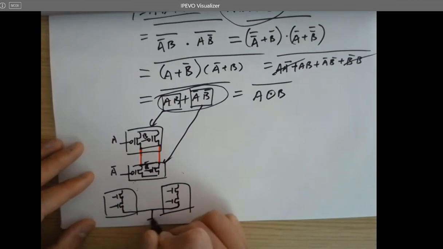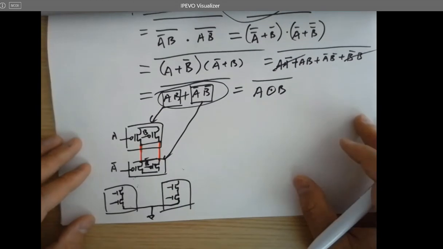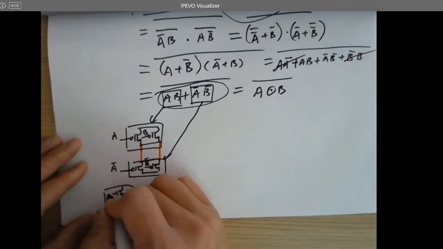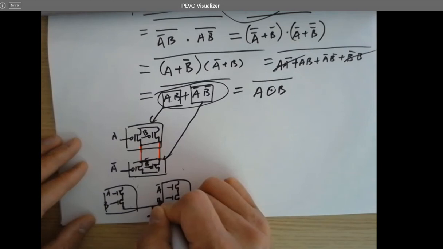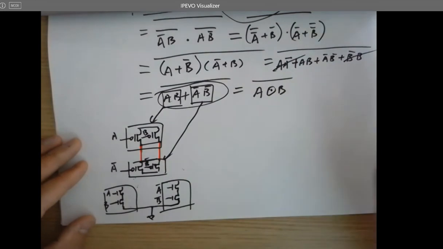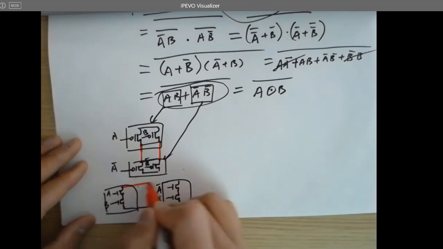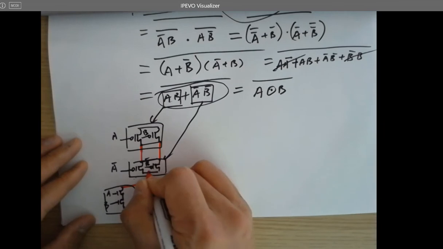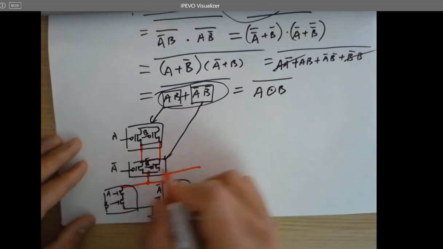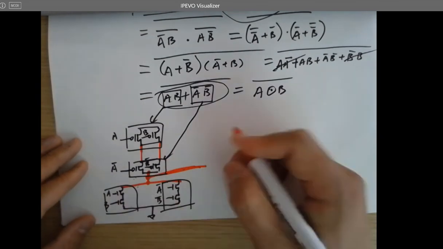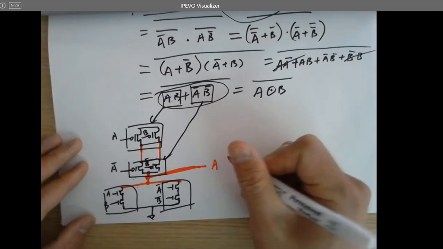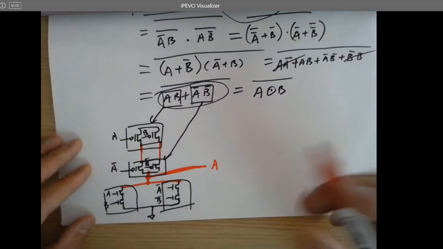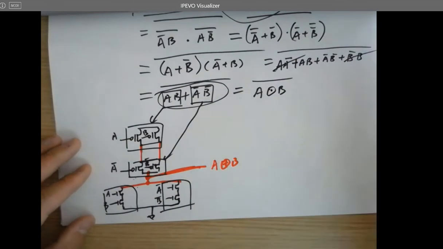Make the connection, ground it. And what are these two? A and B. A naught, B naught. And make the connection. Here is the output. What is the output here? A XOR B.